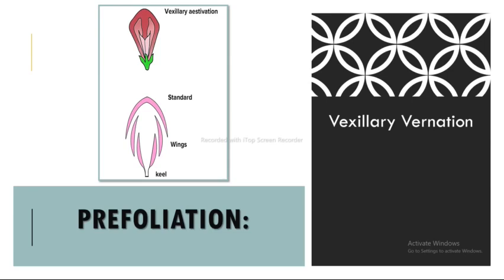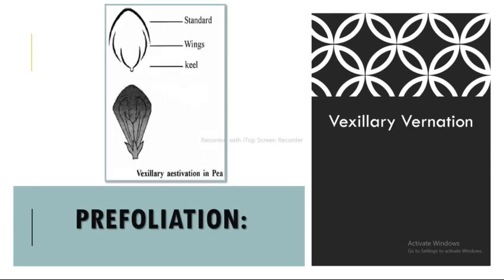And this arrangement is commonly found in flowers of the legume family, such as the peas, beans, and lentils. It is also known as the descending imbricate or papilionaceous vernation.